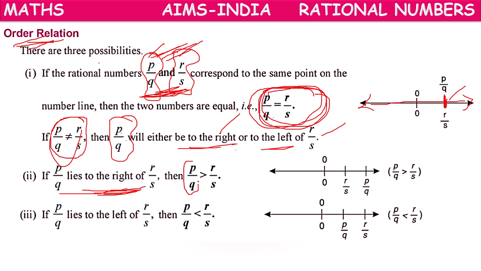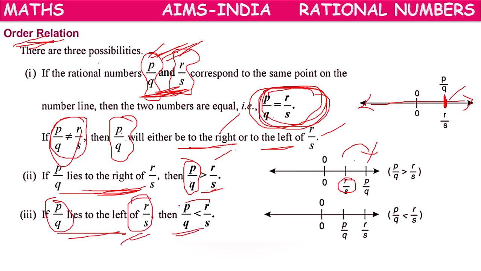If first rational number is greater than second rational number, then first rational number lies to the right of second rational number. Or P by Q lies to the left of second one, if it is less than the second one. In this way, between two rational numbers, any one of these relations may be possible on the rational number line, whether both of them lie at same point, to the left or to the right.